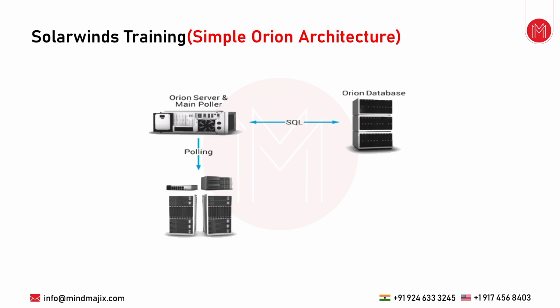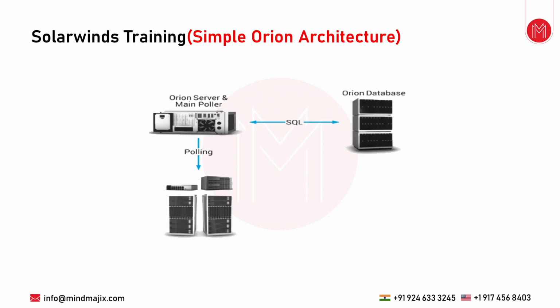That is fine. But say we want to monitor a thousand or 10,000 servers, or network elements numbering some 500 to 1,500. If the environment is very huge, then we need to increase the capacity of this main polling engine.